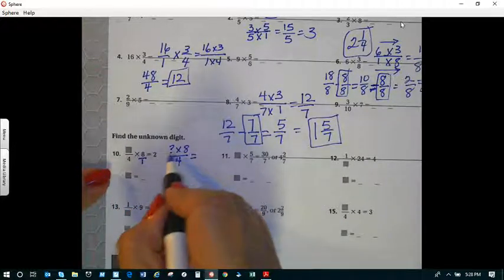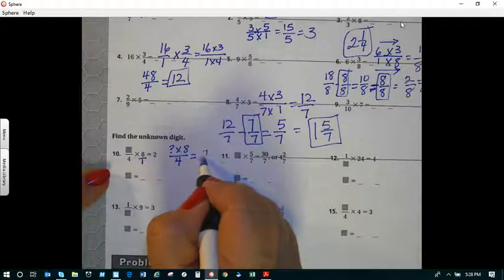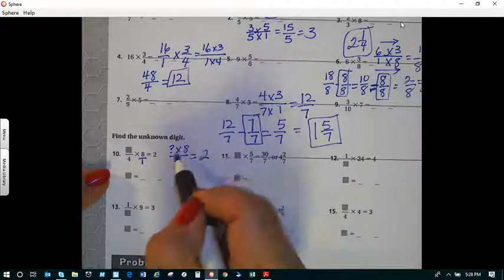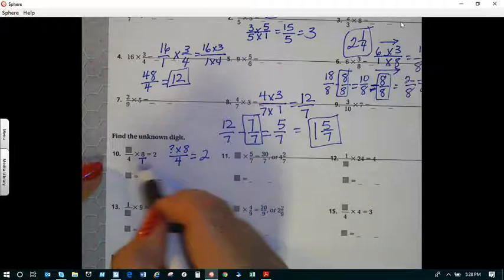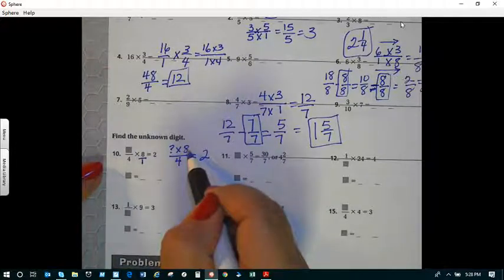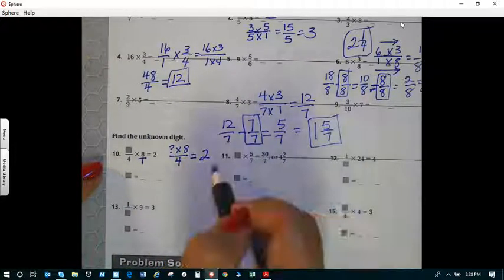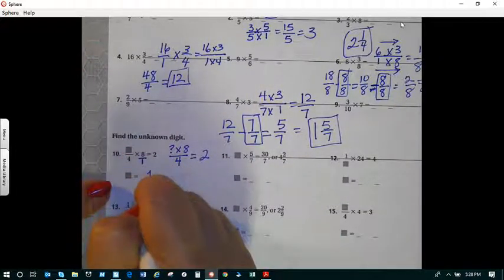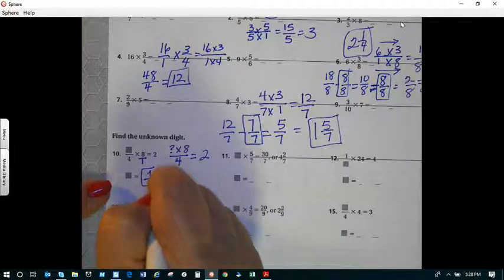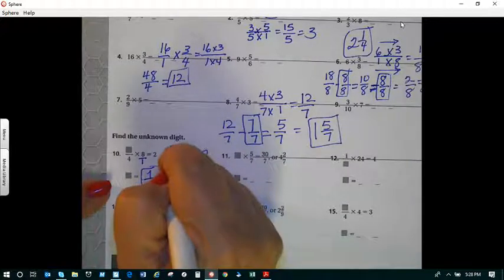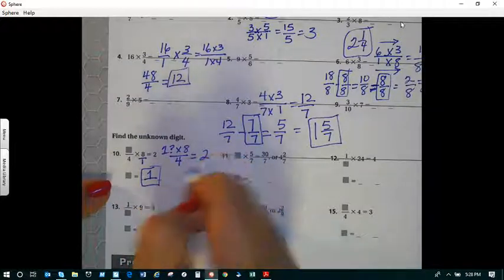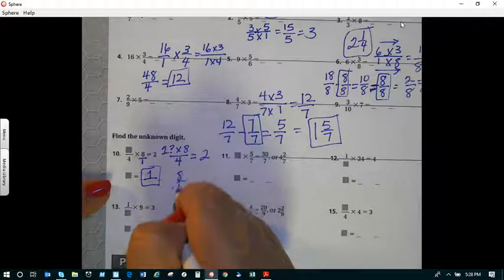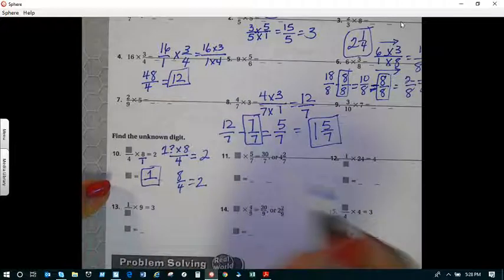So what could it be that will equal 2? If my unknown number was a 2, that would be 16, and 4 goes into 16 4 times, not 2. So the only way is that my unknown number is going to be 1, because 1 times 8 equals 8 over 4 equals 2. Okay?